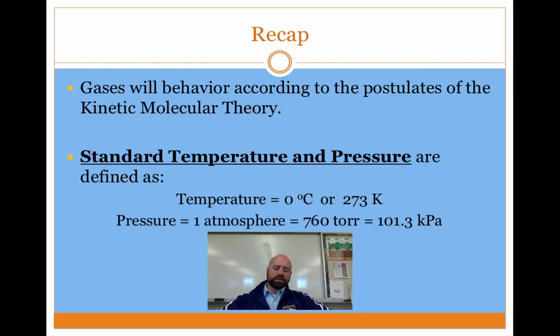The standard temperature is 273 Kelvin. Our standard pressure is 1 atmosphere. We also have some equivalents: if I have 1 atmosphere, it means I have 760 torr, and it also means I have 101.3 kilopascals.